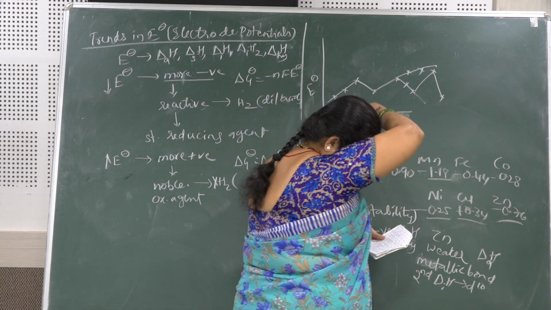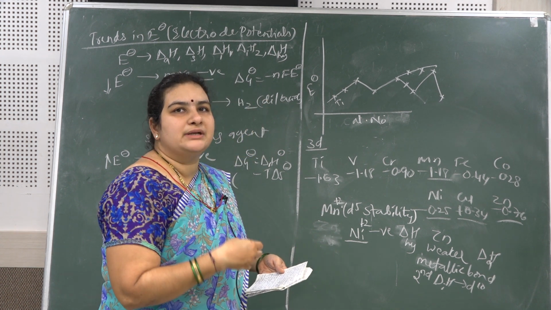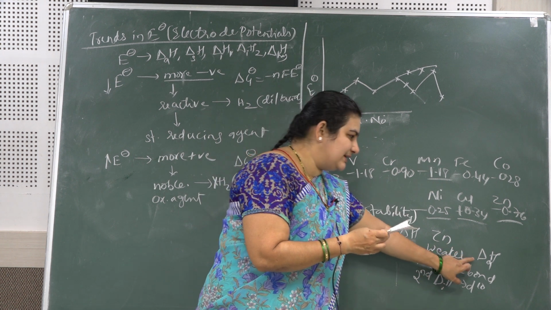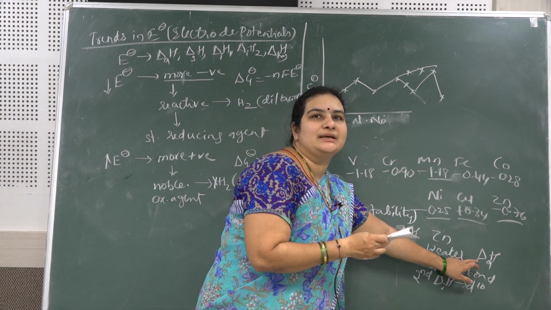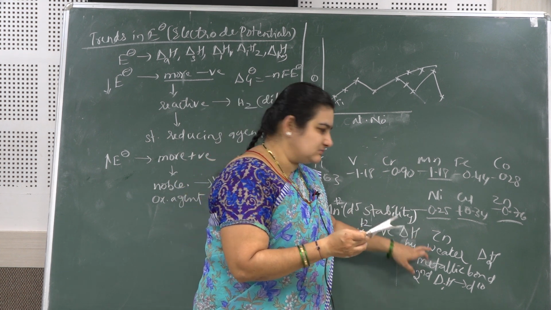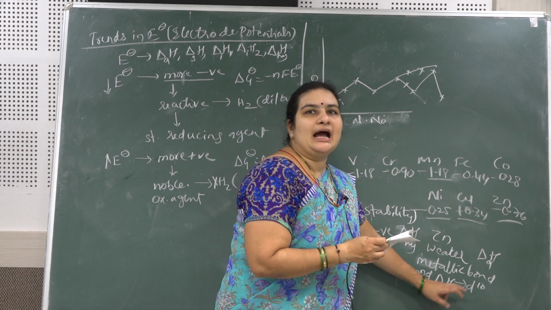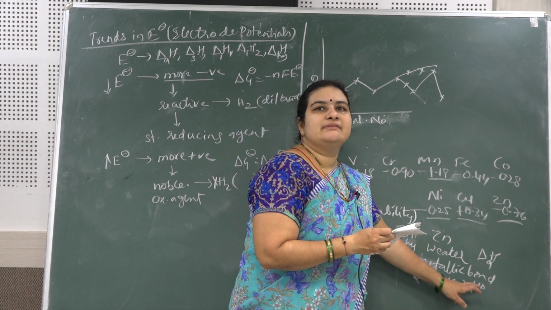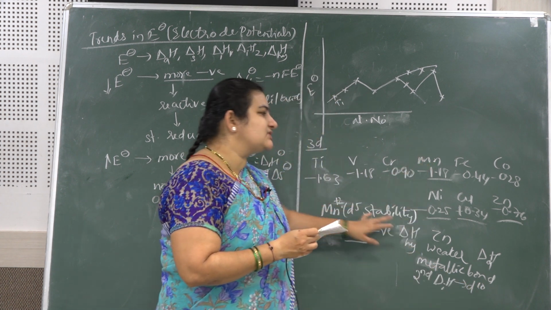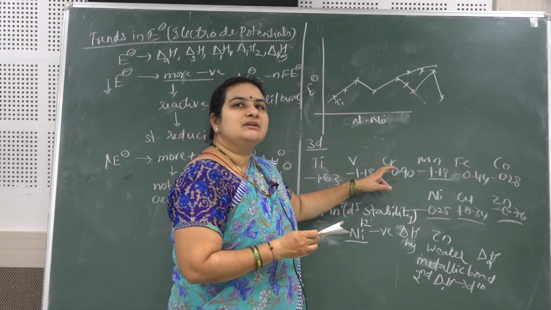Because of all these reasons, the value for zinc is more negative than the expected value. So because of all these reasons, the elements in the 3d series have values other than the expected one.